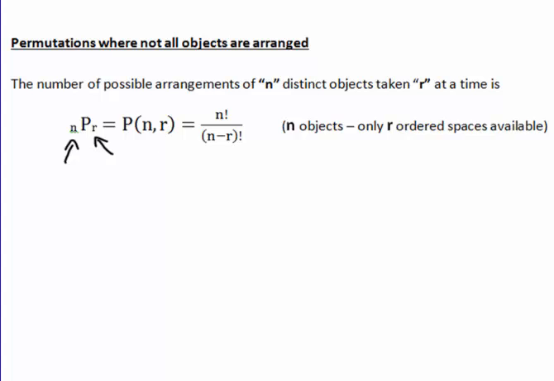We sometimes write it in this notation, n comma r. And all this is just this calculation: n factorial divided by (n minus r) factorial, where n is the number of objects, but there's only r spaces that are picked or orders are available. Now that's going to become very important as we do calculations.